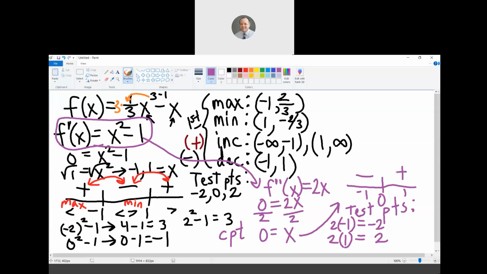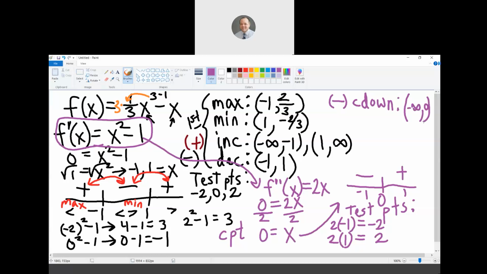Now, with the second derivative test, anytime you see a negative sign, that tells you where our function is concave down. So that happens everything less than 0 or from negative infinity to 0.